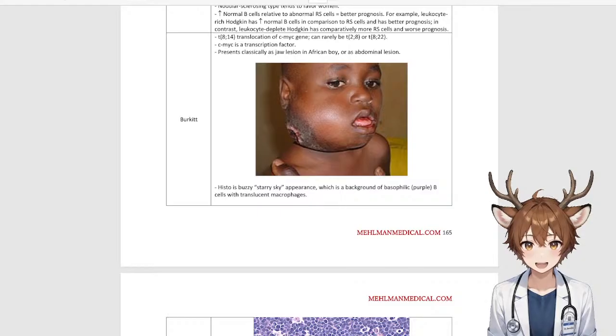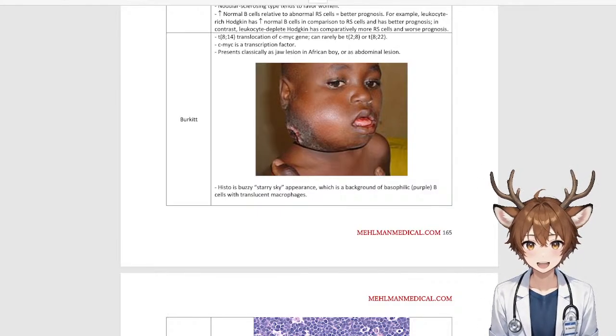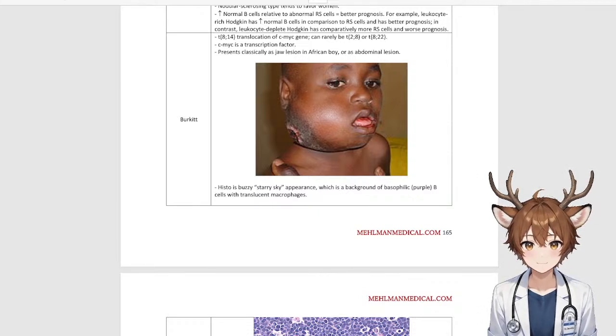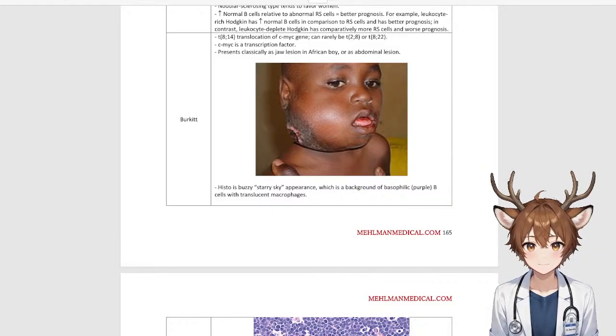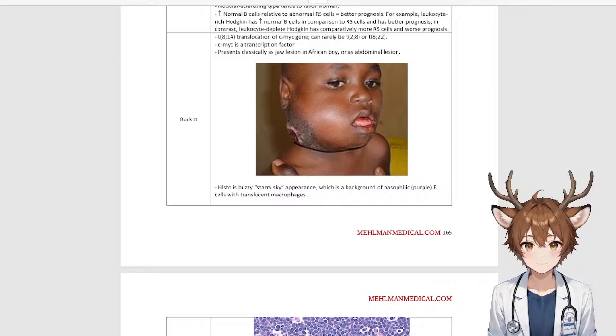I always heard it as North African, which is a genetically different thing than African, like as in sub-Saharan African. I don't know. Let me look at Burkitt lymphoma.